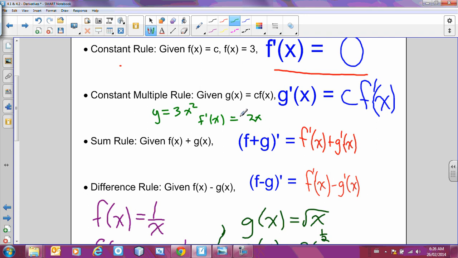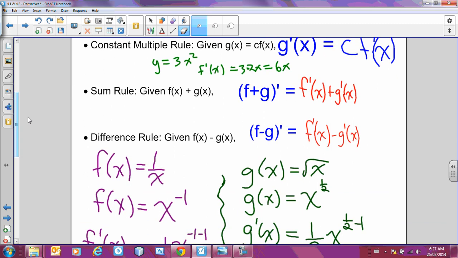The 3 was there all along, and so our derivative will simply be 6x. And again, this is very bad math talk, but the 2 comes down to the front, multiplies by the 3 that's already there, and then the exponent decreases by 1. That's all that the constant multiple rule says. Basically, if there's a number there, simply multiply the value with the exponent that comes down.